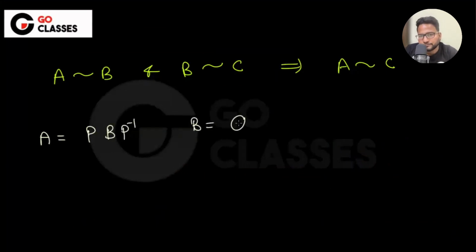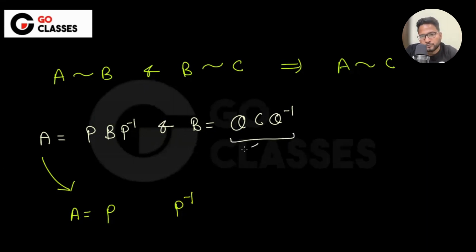B equal to some matrix, and then C, same matrix inverse. Okay. Now this is given to you. From this, can you eliminate this B? So from this, can you write it like this? A equal to P into, instead of this B, can you just put the whole value, which is Q C Q inverse, isn't it?